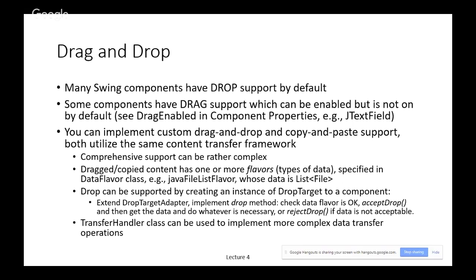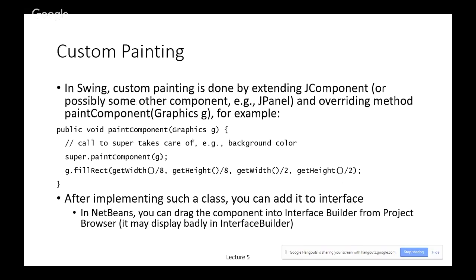Of course, in this case, for example, we didn't check whether the file that was dropped was an image file. Obviously, we should check that, and if it's not an image file, we should reject the drop. And the transfer handler is the class for more complex drag and drop operations when the drop target isn't enough. I think that's everything.